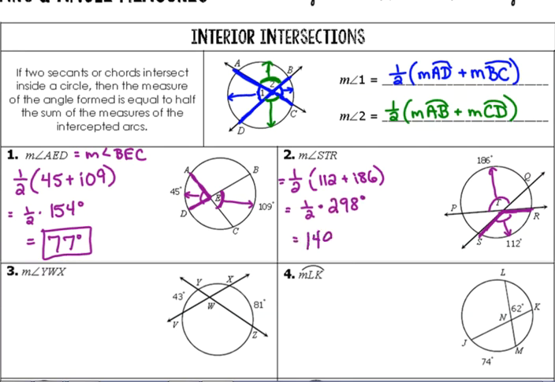So that's 149 degrees. And again, I'm going to keep emphasizing this: that is also the measure of angle QTP, because it is a vertical angle.